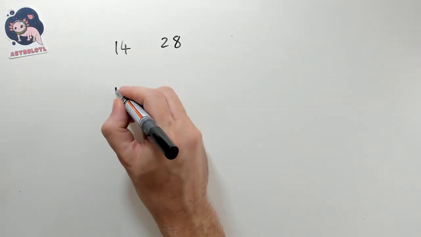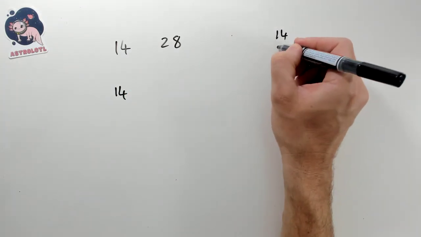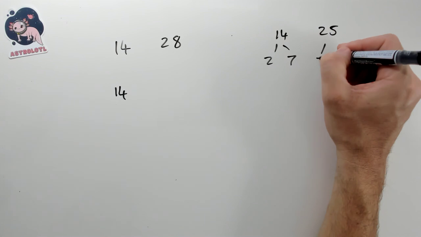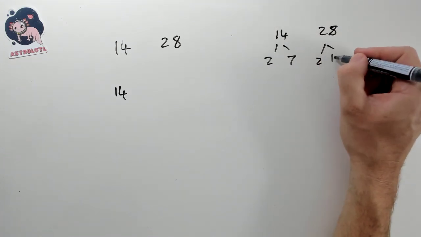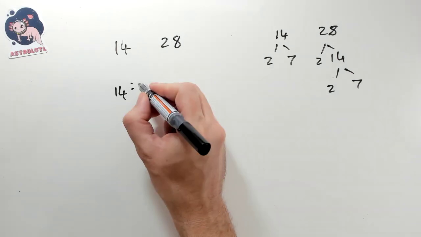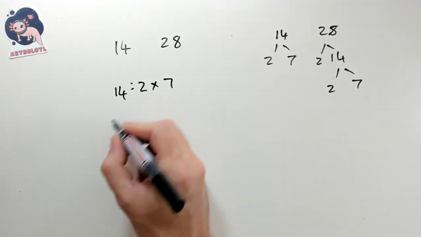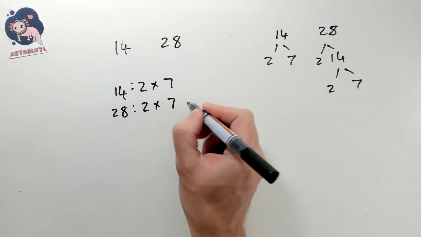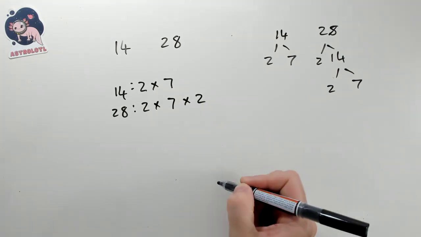So what I would do is I know 14, if I make a little tree here, is going to be 2 and 7. And for 28, that's an 8, 2 and 14, and then 2 and 7. So 14 can be written as 2 times 7. 28 can be written as 2 times 7 times another 2.